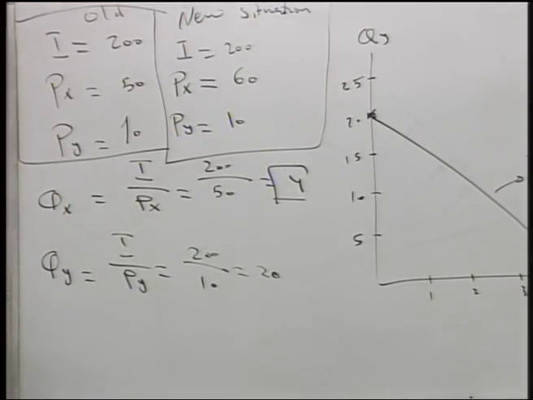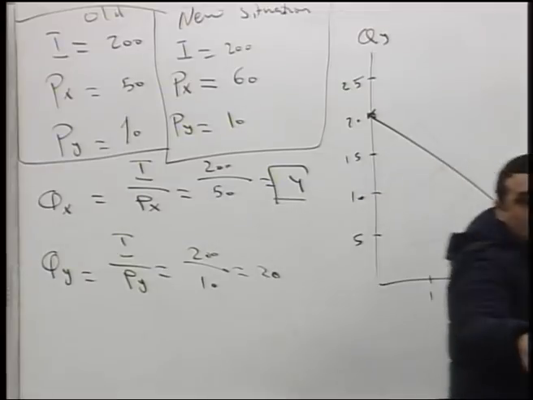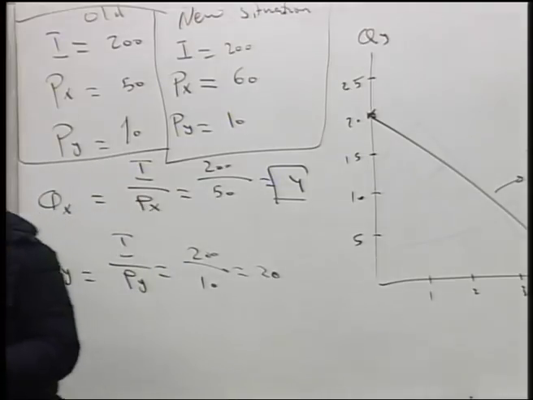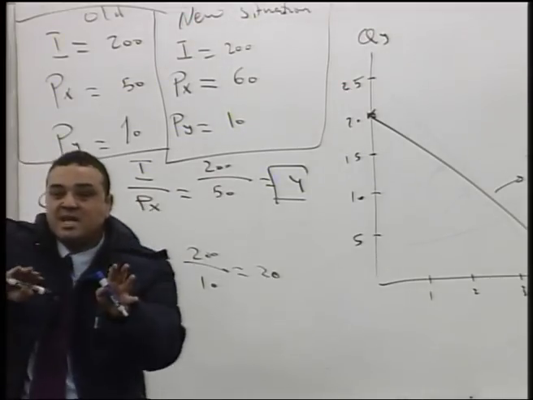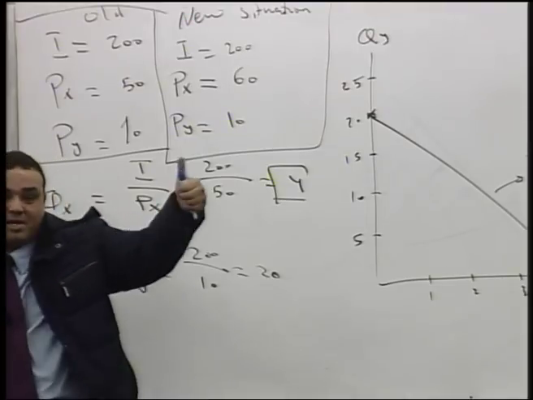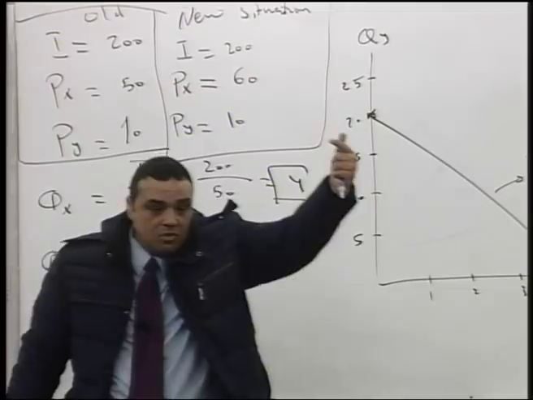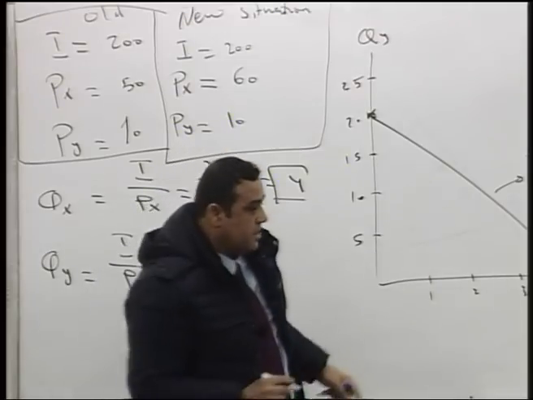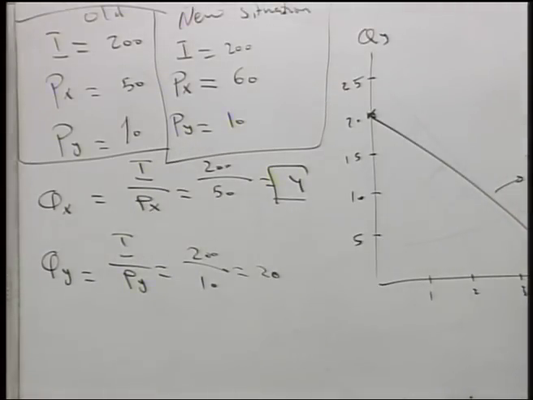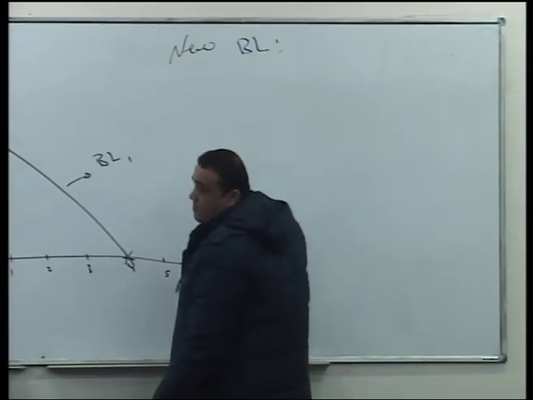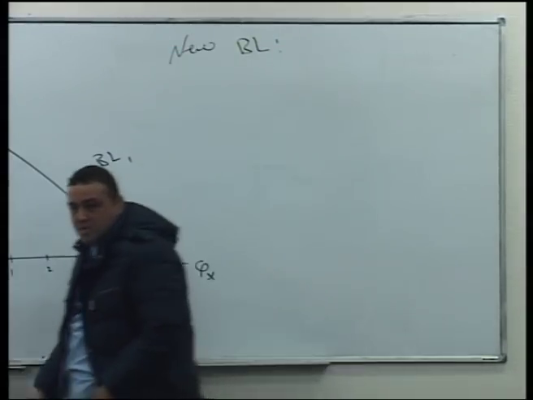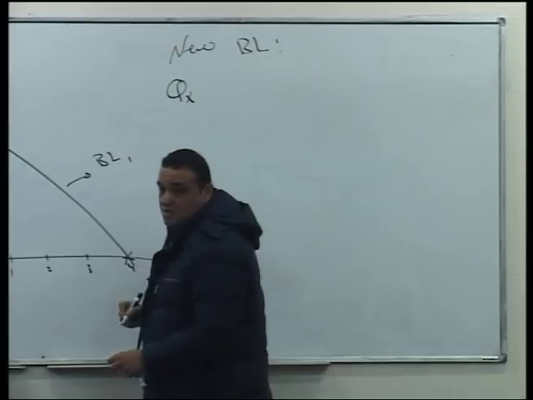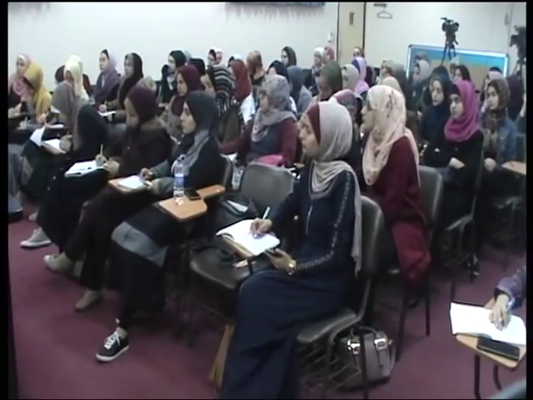What will happen to the budget line? We have to deal with this as a separate case. So we have to calculate the new quantity of X and the new quantity of Y, and then derive the new budget line. To draw the new budget line, we calculate the new QX, the new quantity consumed.